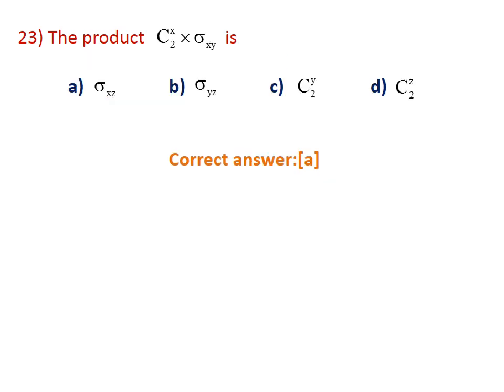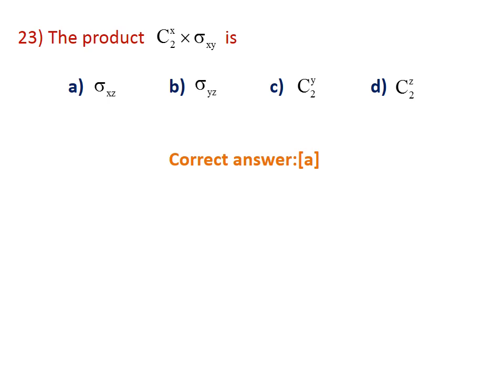Question 23. The product of C2x into sigma xy is, you know very well from the group multiplication table, C2 into sigma v will be equal to sigma v dash, and here the xy plane gives the xz plane. Therefore, C2x into sigma xy will be equal to sigma xz.